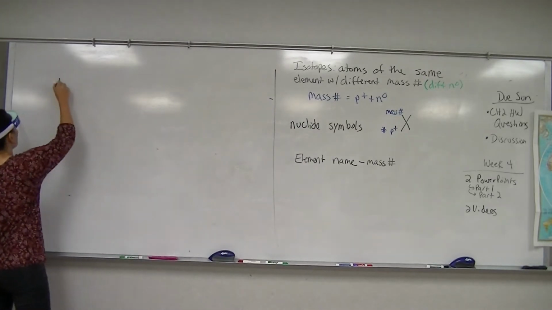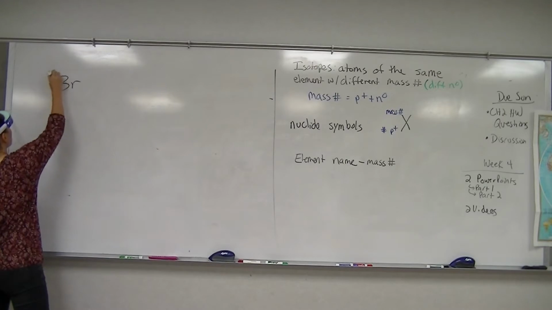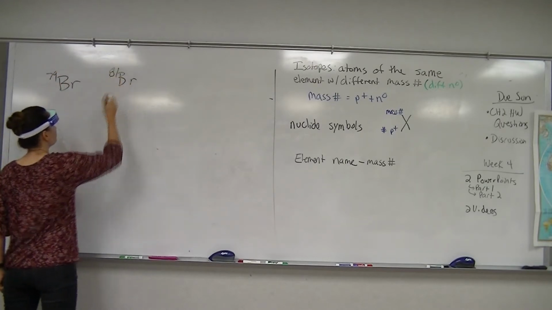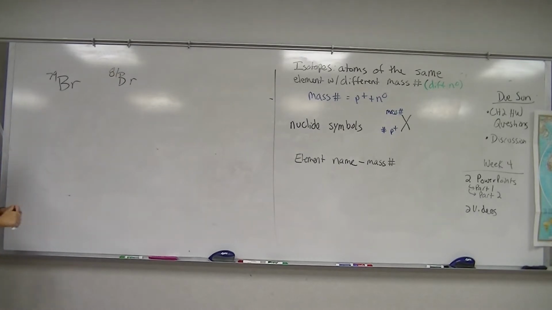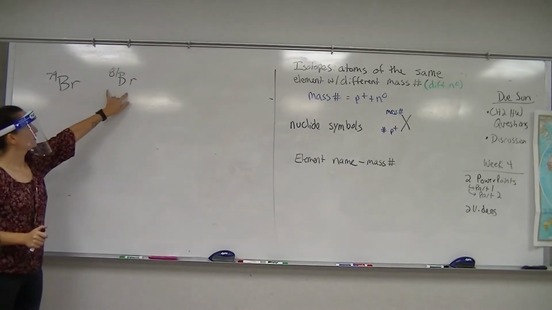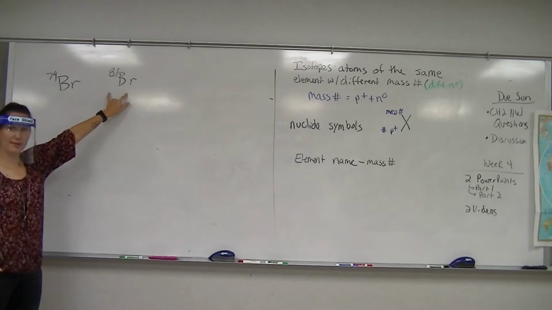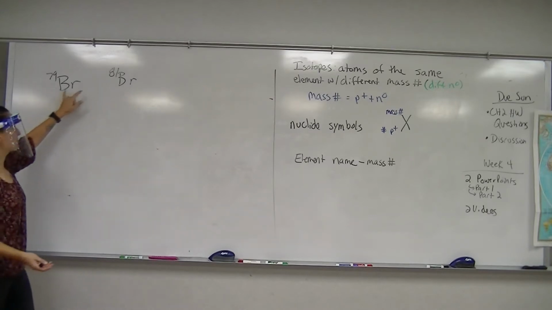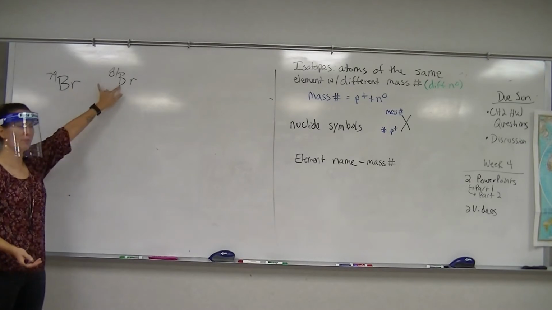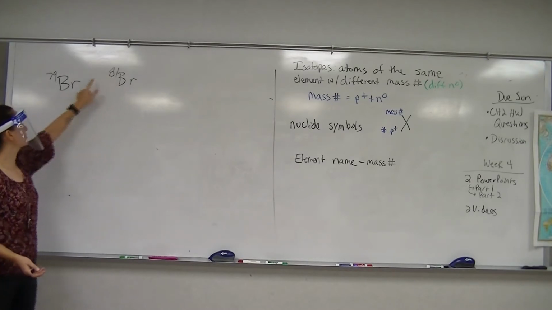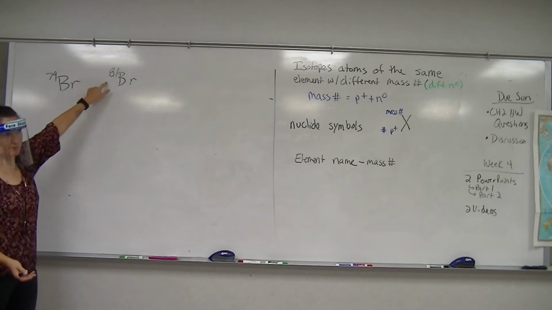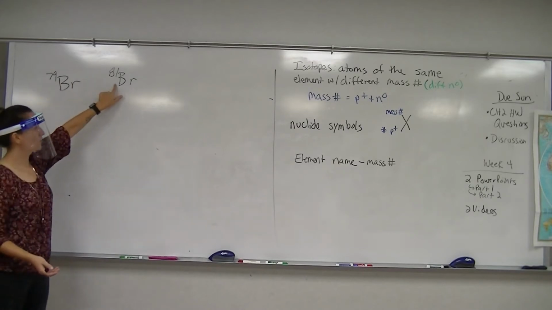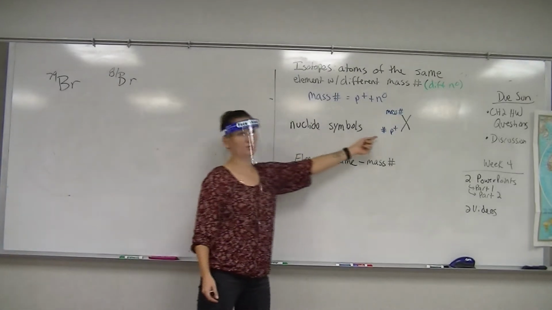One would be bromine 79 and bromine 81. So these are 2 isotopes of bromine. How do I know they're isotopes? Well, because they are atoms of the same element, both bromine, but their mass numbers represented up here are different. Okay? Now notice I didn't put anything in this bottom corner because that's where the number of protons would go.